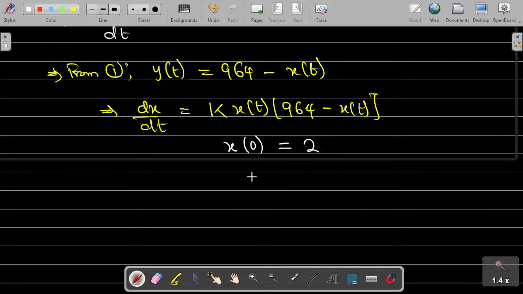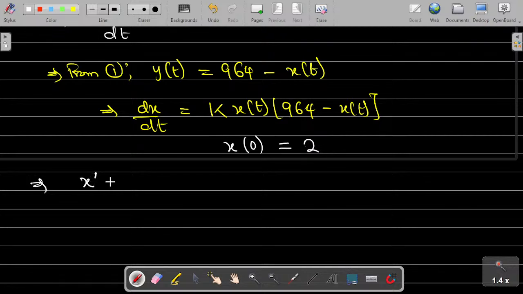So now what? That's just all actually. This is an IVP, an initial value problem, so we can write it this way.